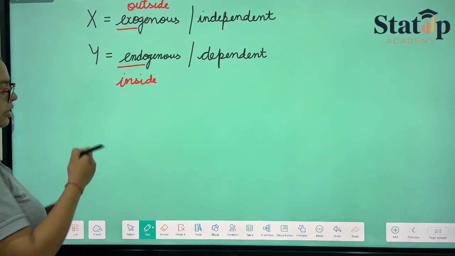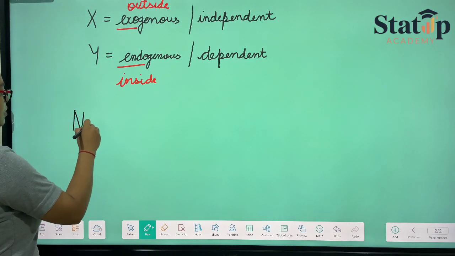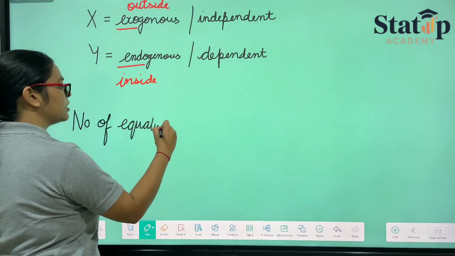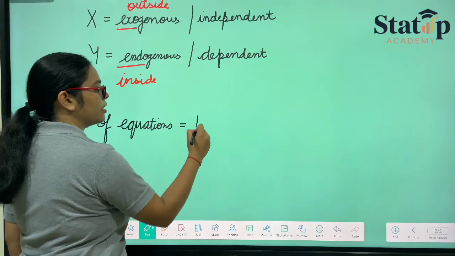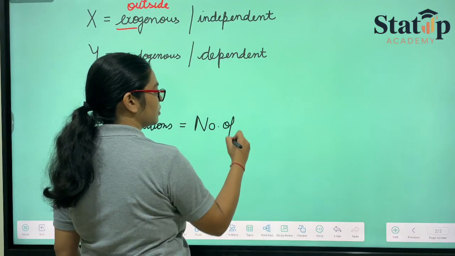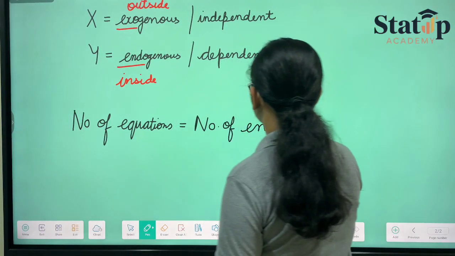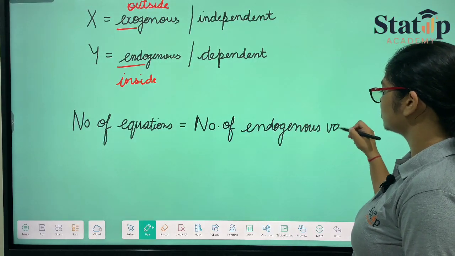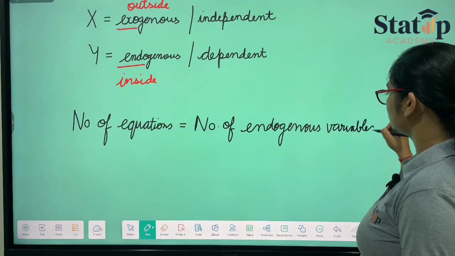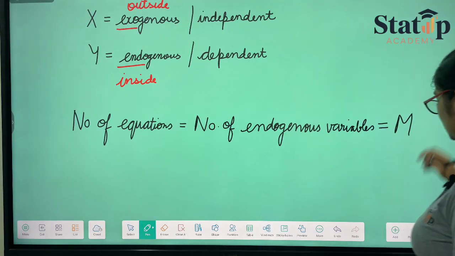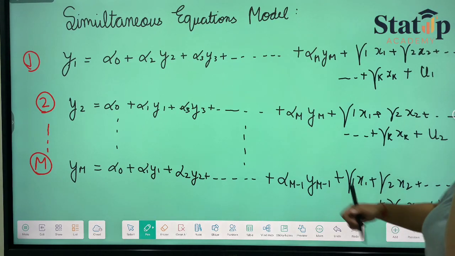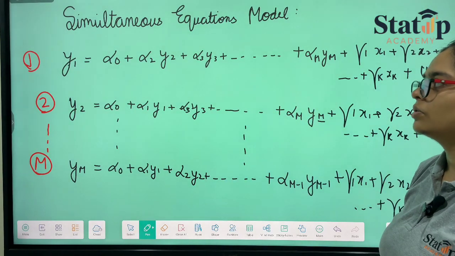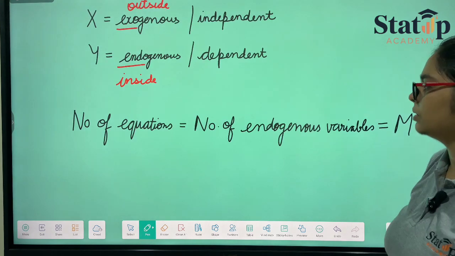Now here we observe that the number of equations is equal to the number of endogenous variables, which is equal to capital M. In the previous slide, the number of equations is M and the number of endogenous variables is also M. So these two things are equal.